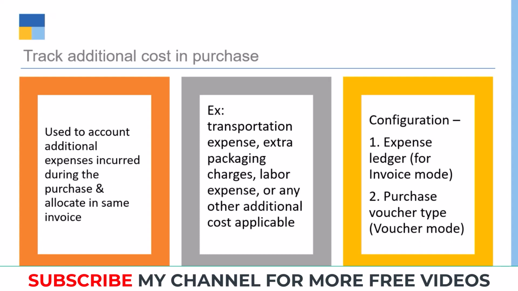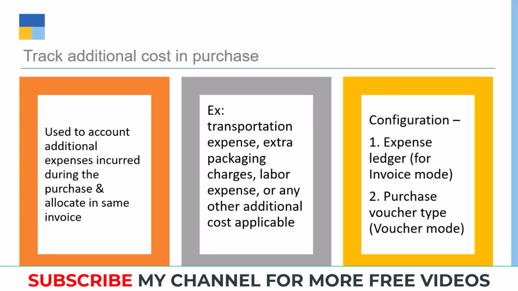It could be transportation, extra packaging charges or labor expenses, if you know them during the purchase entry and you want to allocate those expenses to the item cost. Instead of showing them separately as direct or indirect expenses in the profit and loss account, if you want to allocate these expenses to your item cost, then you'll be using this feature.